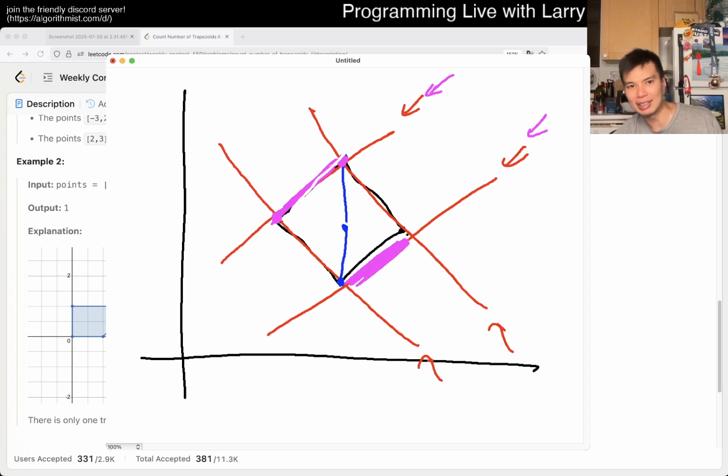If they're the same distance, then it's a parallelogram because no matter where it is, they have the same slope, and they're always going to be parallel because they have the same length, right? And that's the idea for this one.